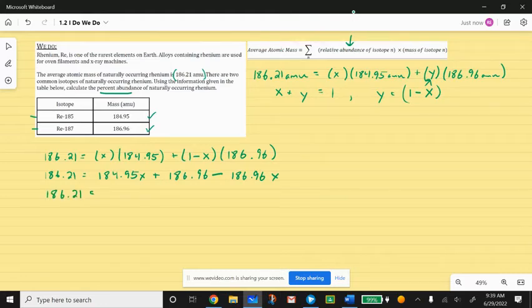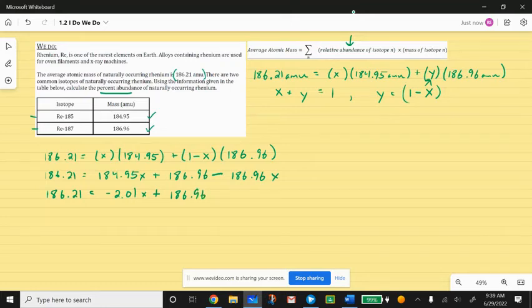We're going to combine like terms. So 186.21 equals negative 2.01x plus 186.96.